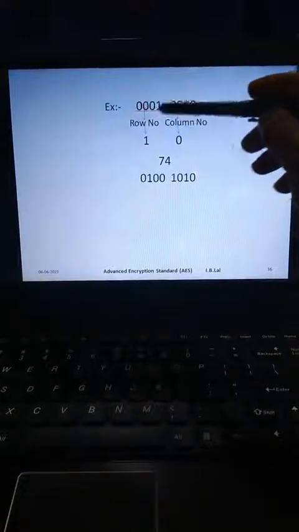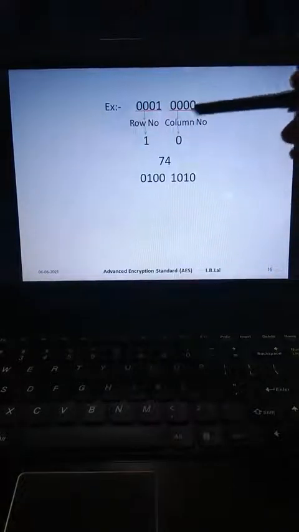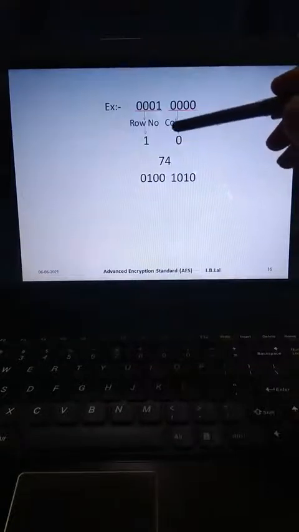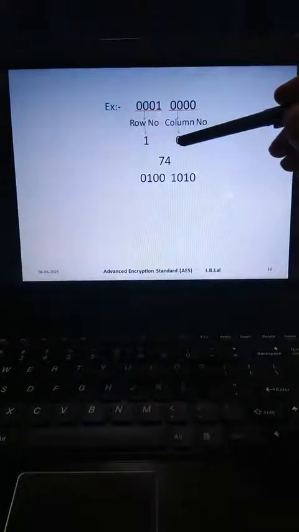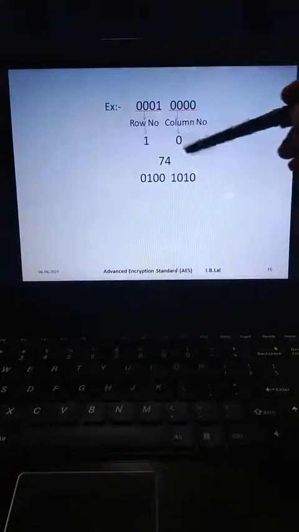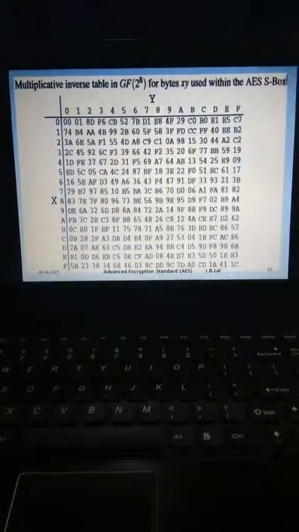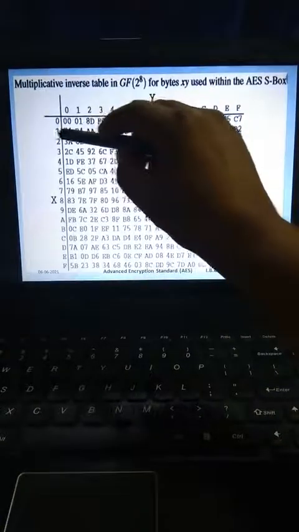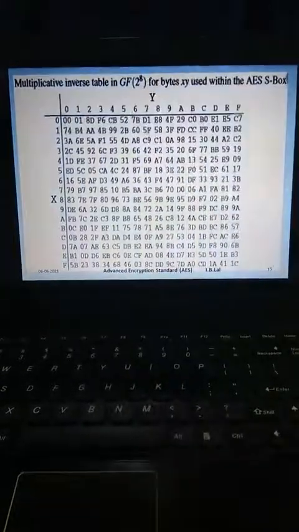The decimal representation of 0001 is 1 and of 0000 is 0. So this gives us first row and 0th column. With this we enter the S box: first row, 0th column. The intersection is here, 74.